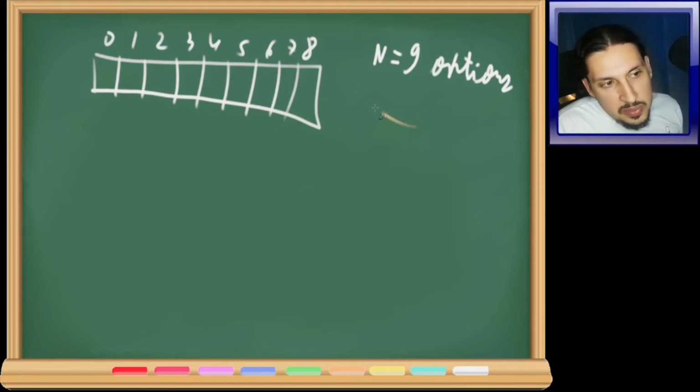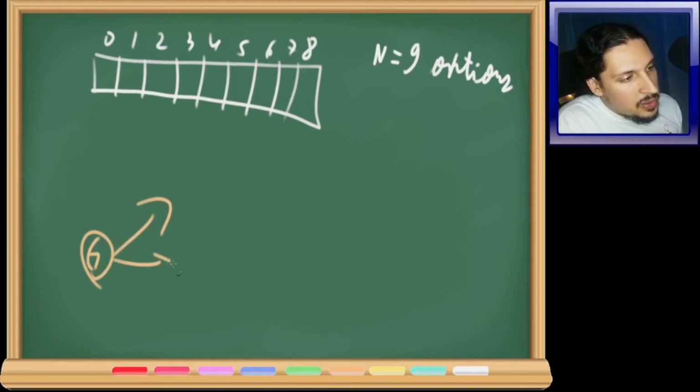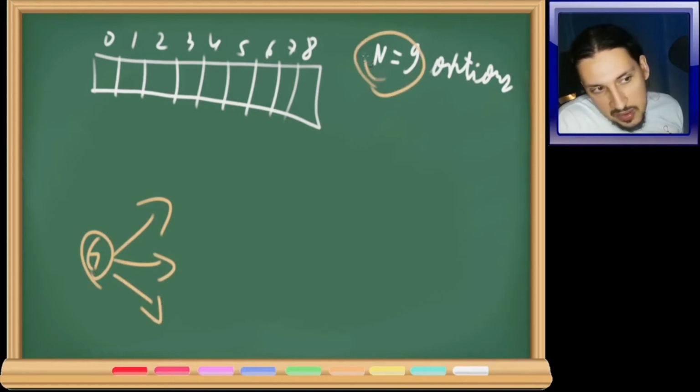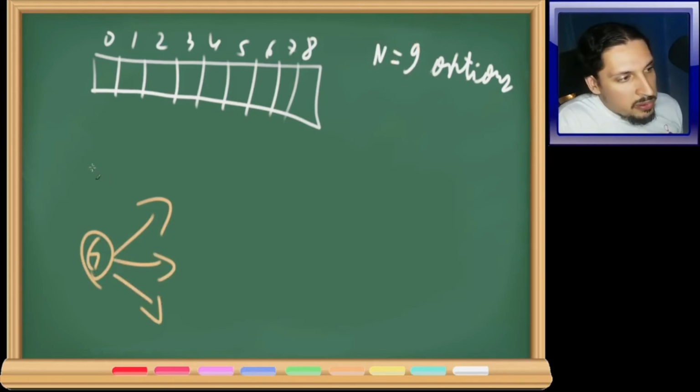Basically, what is the trick? The trick is that if you have a game, and from this game you have n options to which you can move, then your Grundy number is at most n.